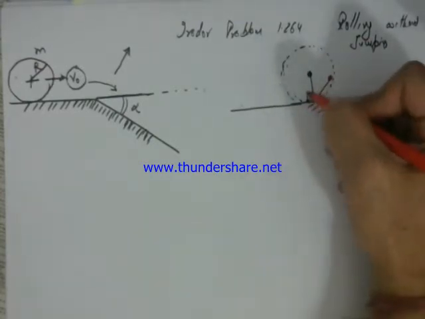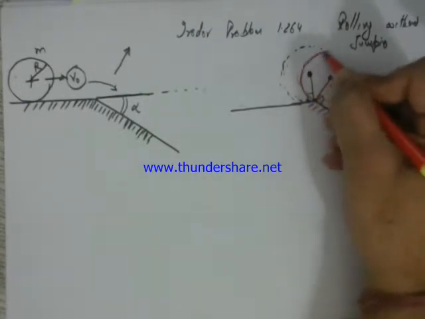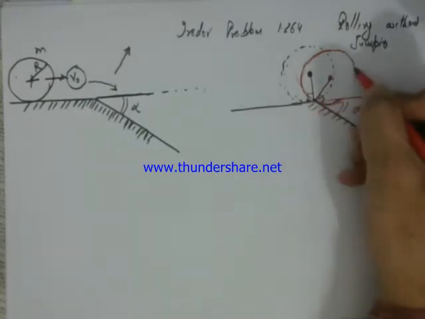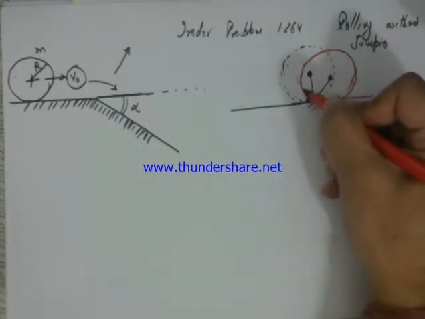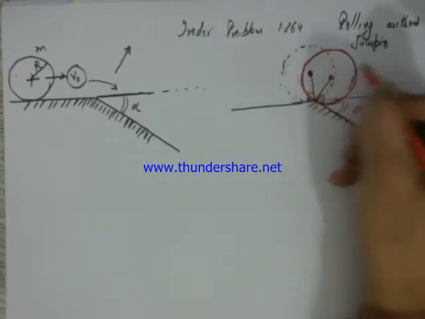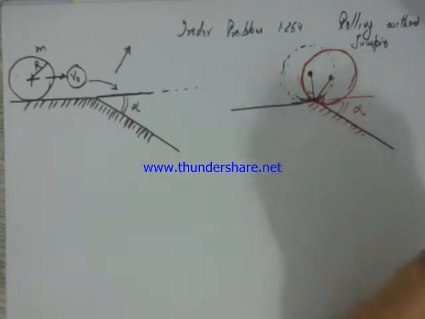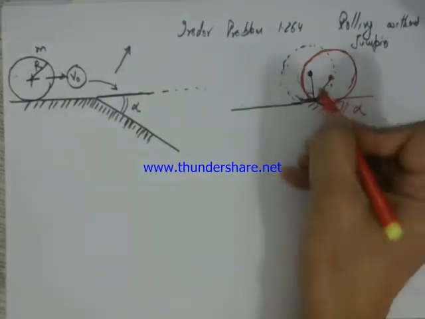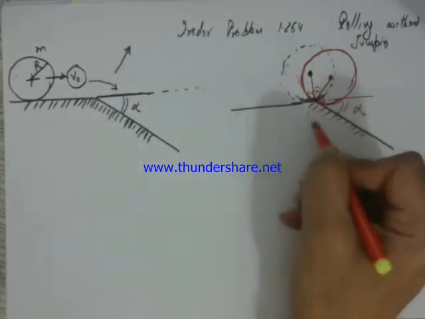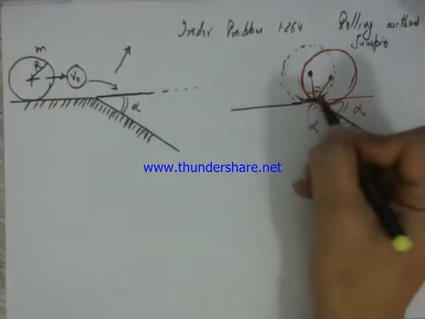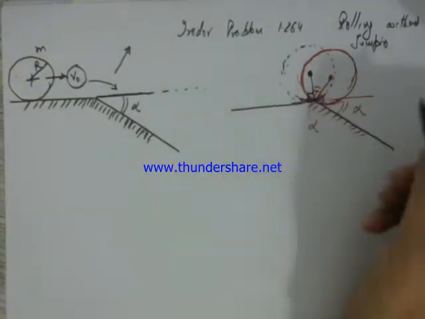And the new position of the cylinder is somewhat like this, when it has completely rolled over and is lying on the inclined part completely. Initially it was just about to roll over. Now if you look, this angle will also be alpha, between the line joining the normal and the center of mass.